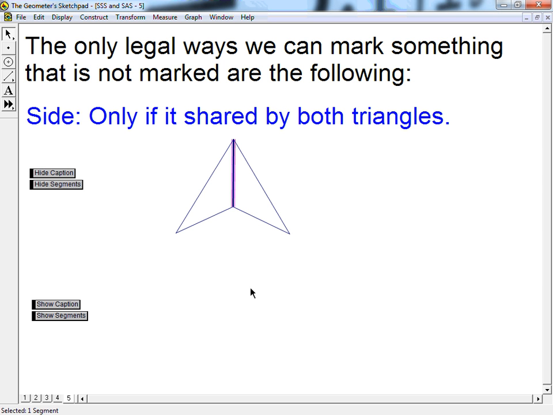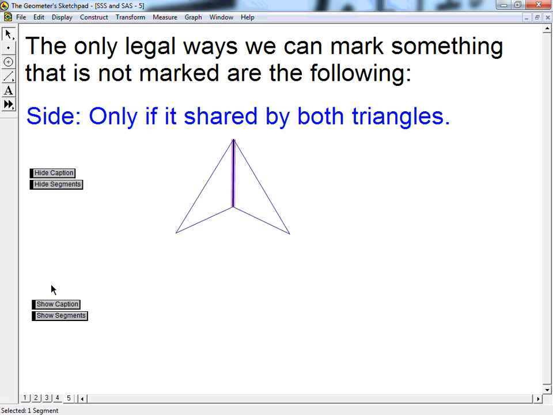So that's how I can legally mark a side, only if it is shared by both triangles. Basically, both triangles use the same side. Because I can say that side from the left triangle is the same size as the length of the side of the right triangle. It's the same side, so I can say the side of one triangle is as big as the side on the other triangle. It's obvious, because remember, I need three markings per triangle.